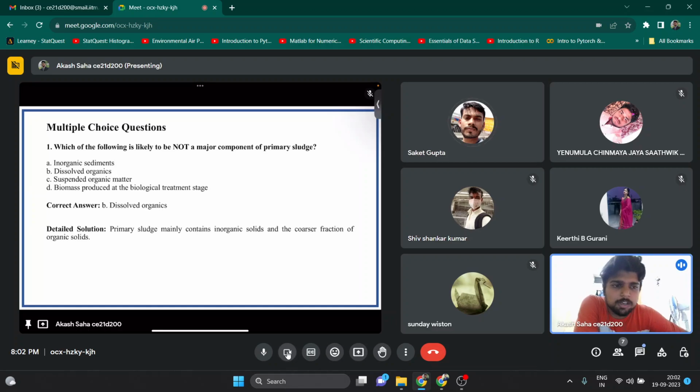There can be some biomass, or some suspended organic matter which can be settled, so it can be a part of primary sludge, but inorganics will definitely be a part of primary sludge. So if you are asking about the major component which is not a part of the primary sludge, it would be dissolved organics only, because it cannot be settled in that much time.